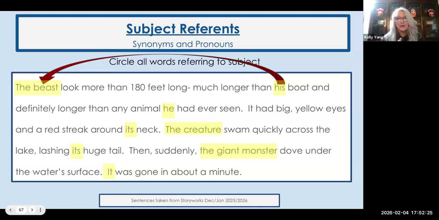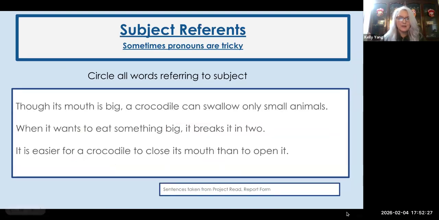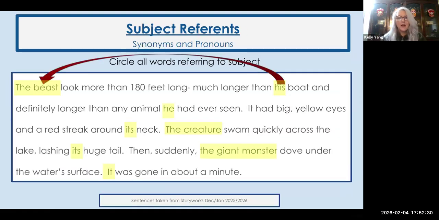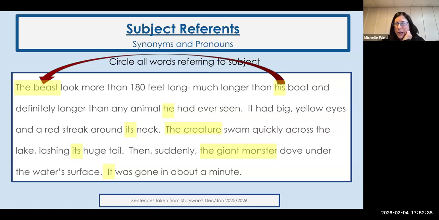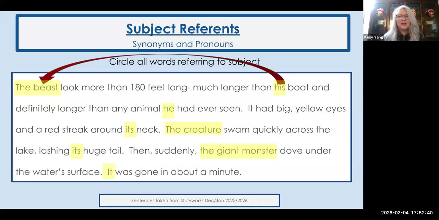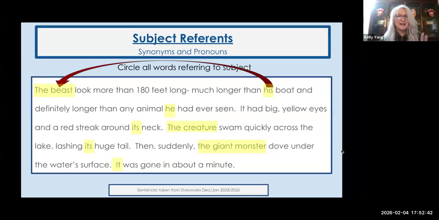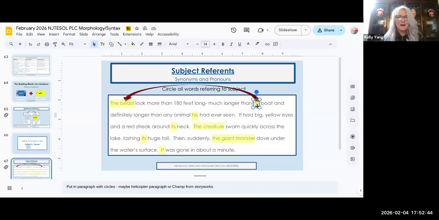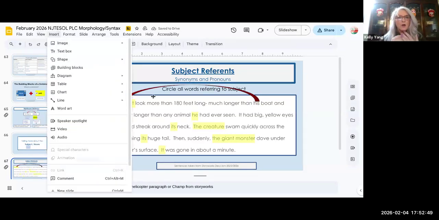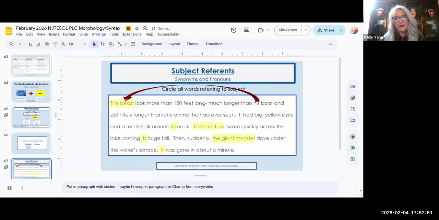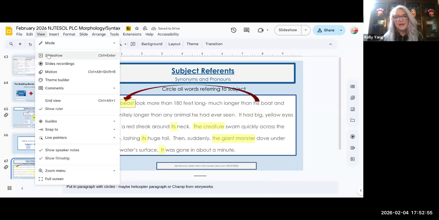We would have to know what the its are referring to. And then the giant monster would be a synonym for the beast or the creature. Kelly, I think that one we have three. Yes, the beast, the creature, and the giant monster are all three synonyms that appear in this passage to refer to the monster. And then we have it.